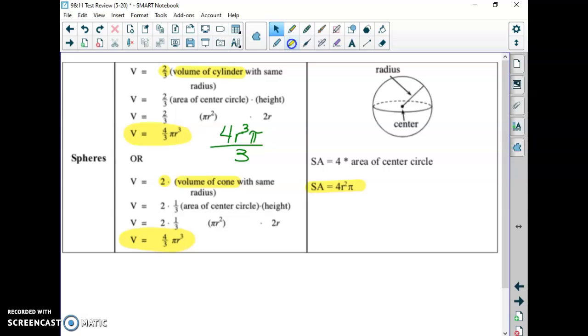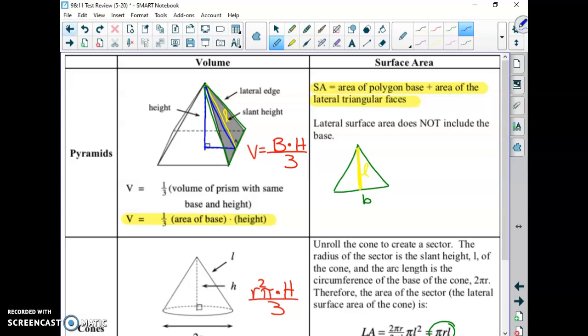Got that one from the lateral surface area of the cylinder. That was in class. So if you want to go back and review any of these from the days of notes, spheres were 11.15. Cones were 11.14.